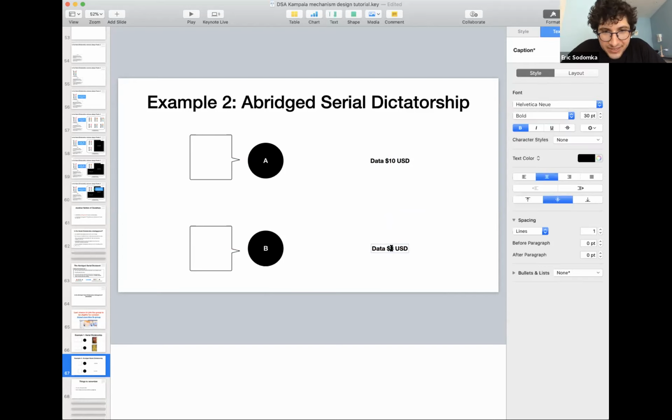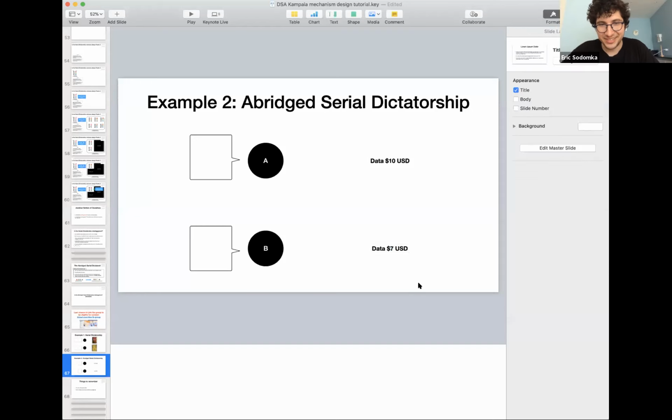You know what? Let's make it a little higher. Let's say $7 USD. Okay, so this is the abridged serial dictatorship.